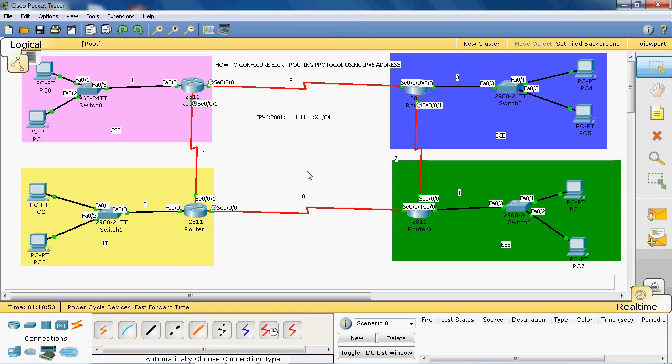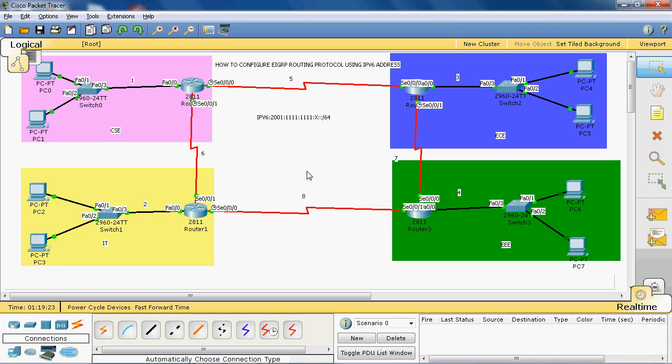So first of all, we go to the global mode and give ipv6 router eigrp, then the autonomous system number. The autonomous system number is 1 to 65535, so we can give any value. That value is common for all the routers, then only it forms the neighbor relationship. Then in IP version 6 we have to remember two things: one is to assign the router ID, the next is to give no shutdown.